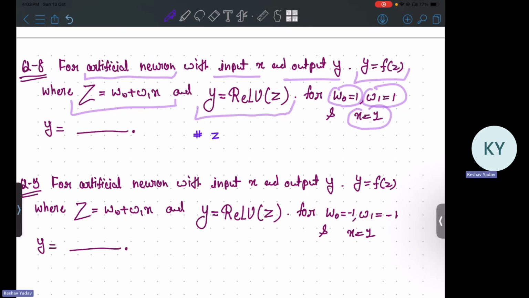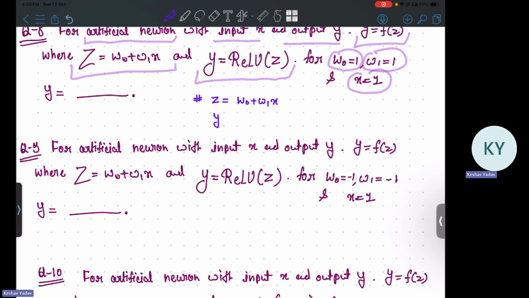First, what will be the value of z? z will be equal to w naught plus w1 x. So from here, y will be ReLU of w naught plus w1 x.